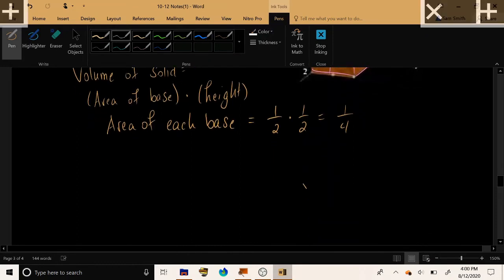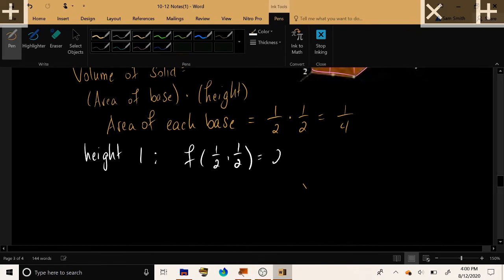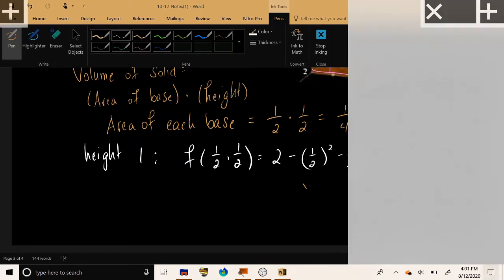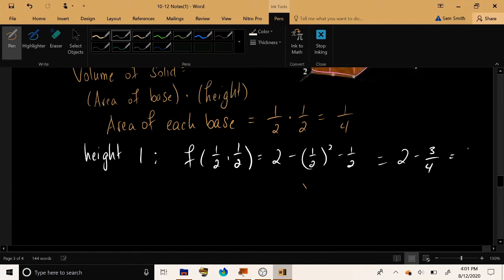So height number 1, let's plug in corner number 1 into the function, and we get 2 minus 1/2 squared minus 1/2, which is equal to 2 take away 3/4, which is equal to 5/4.